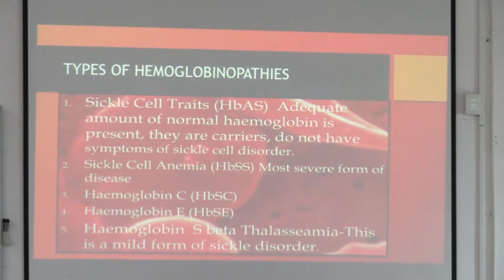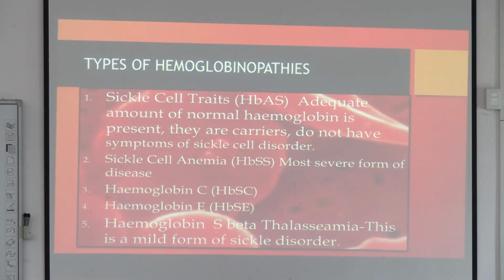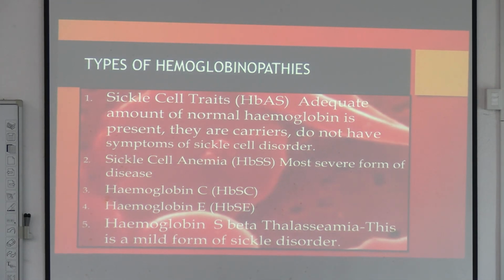Next, another variant is sickle cell hemoglobin. Here also it is a tetramer of globin attached with hemoglobin, but there is a point mutation. One amino acid at the 6th position of the globin chain has been replaced by another.